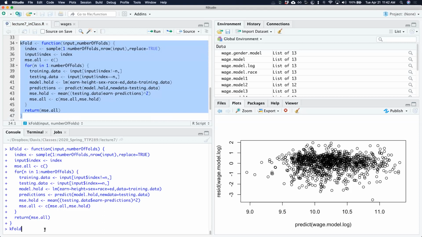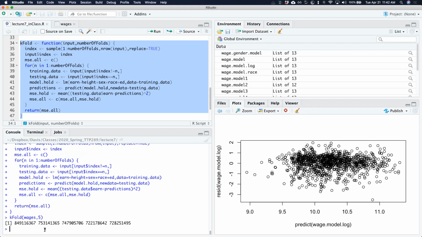So k-fold, and I'm going to have wages as our input data, and number of folds can be, let's see, we'll say 5 folds. And so this is our set of mean squared errors.